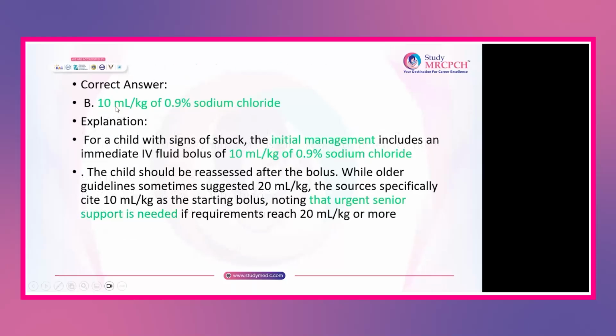Better here to start with the initial one, which is 10 ml per kilogram of sodium chloride. This is a child with signs of shock. We want only the initial management, including an immediate IV fluid bolus of 10 ml per kilogram of 0.9% sodium chloride. The child is to be reassessed after this bolus is given.